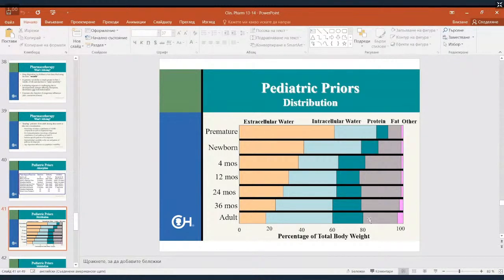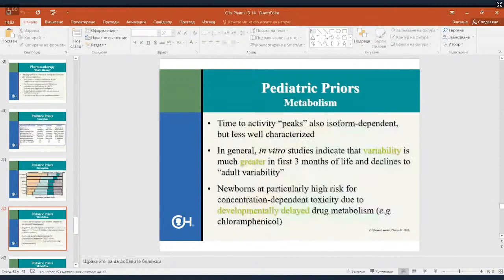The fat is also higher, and protein and muscle mass is actually lower in the geriatric population. As you remember, we had a separate exercise for geriatric pharmacotherapy. So these are the changes that happen with increasing age, and this can also affect the distribution of drugs. So it can affect the volume of distribution, or VD.